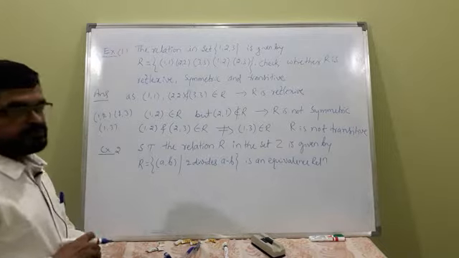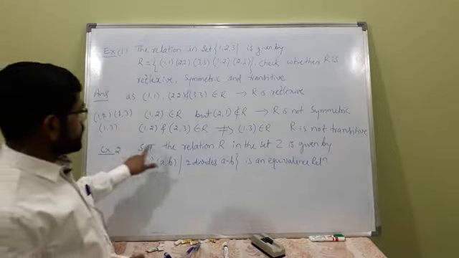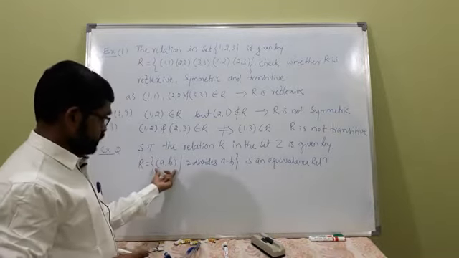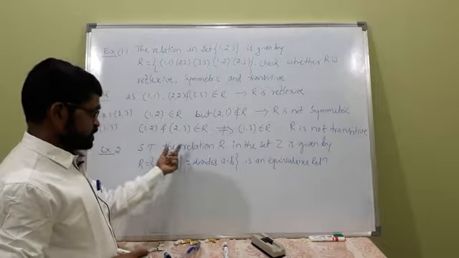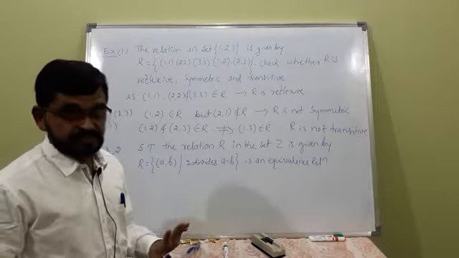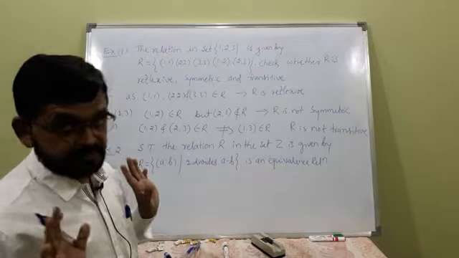Consider the second one. Show that the relation R in the set Z given by the set of all ordered pairs (a,b) such that 2 divides a minus b is an equivalence relation. 2 divides a minus b means a minus b is even.